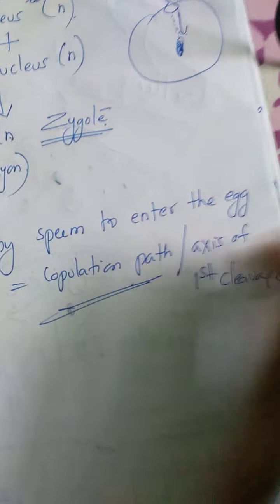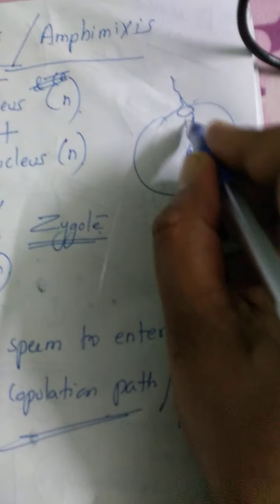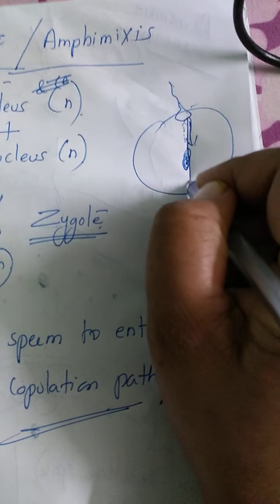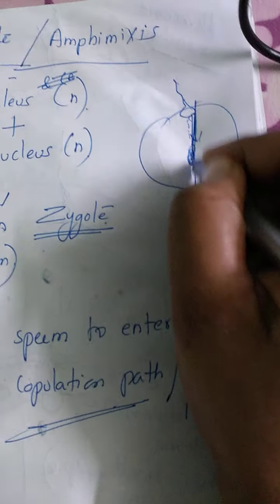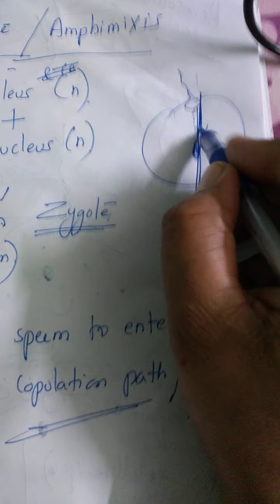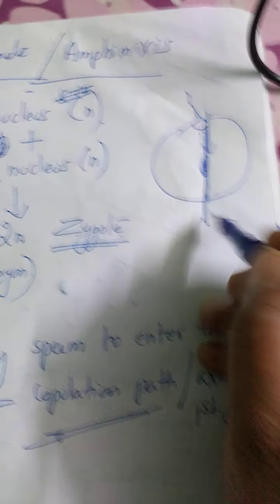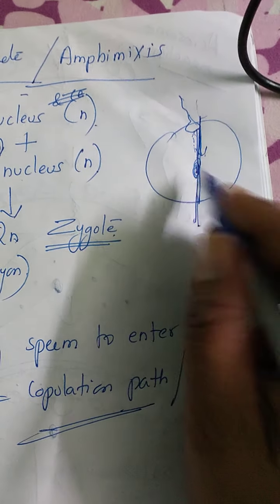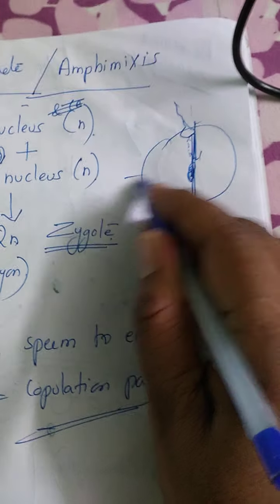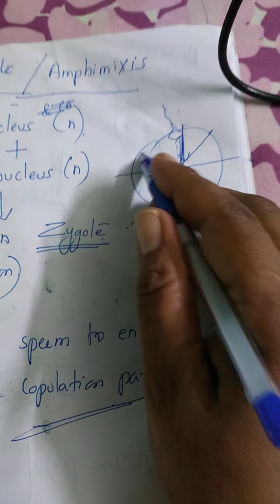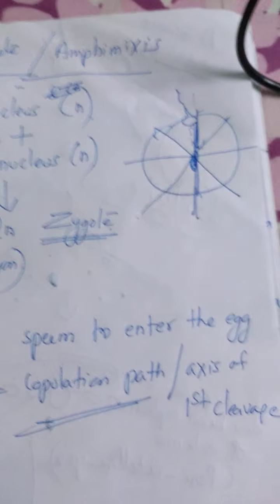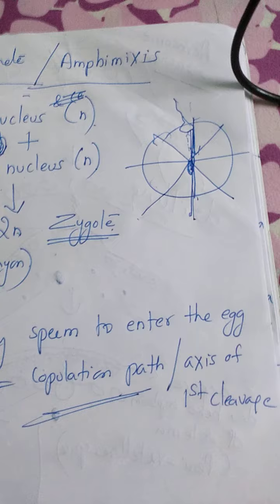And the copulation path will be the path for the first cell division, cleavage. The first division of the zygote will take place when embryos start dividing. First division, then second division, then third division. So the cell division starts to form the zygote into an embryo.